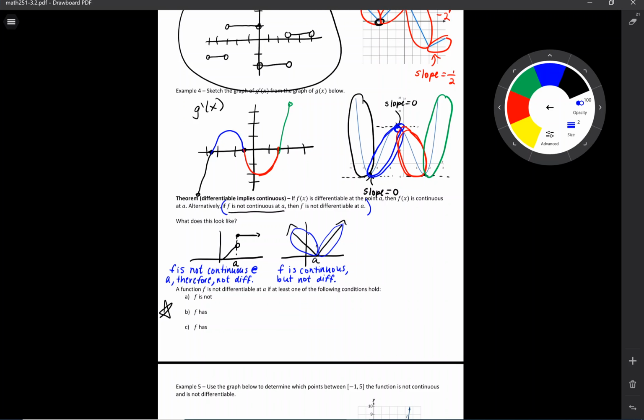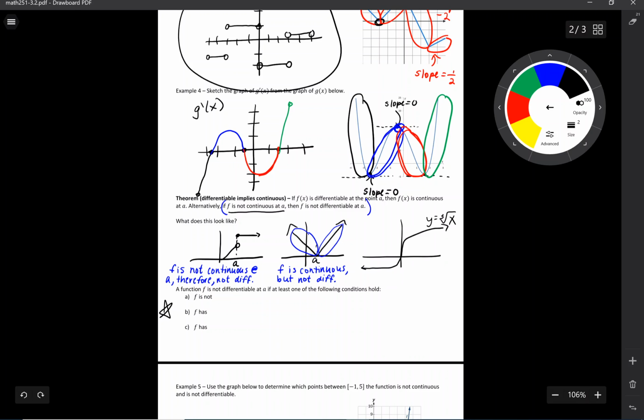Another example of continuous but not differentiable is if I have a vertical tangent line, which looks something like this. I'm really bad at drawing these, but I'm going to give it a try. For example, the cube root function, where I have a vertical tangent line. This is y is equal to the cube root of x.